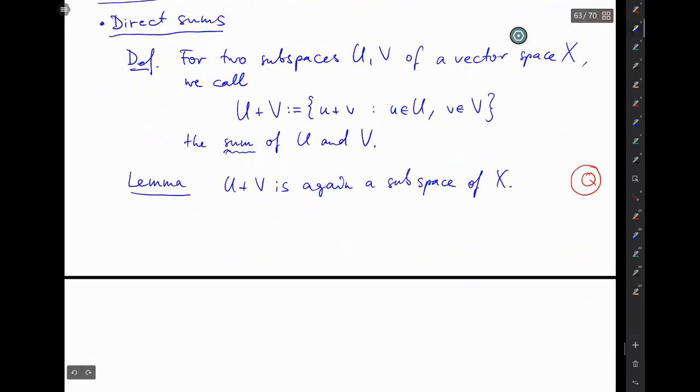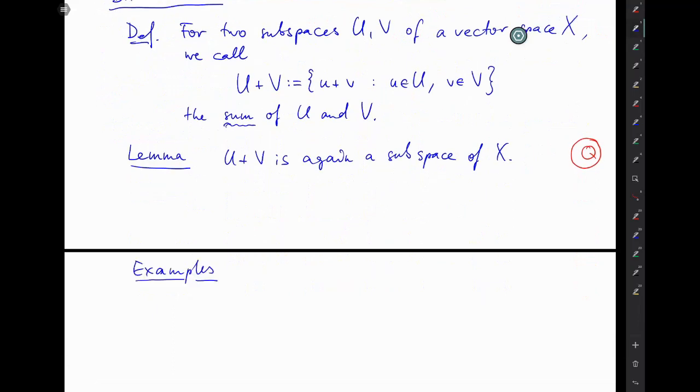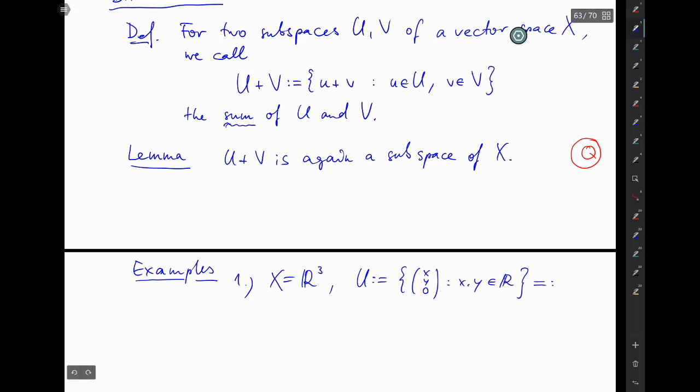Let's look at examples. As a first example, take the space X equal to R3 and put U equal to the set of all vectors that have the following form: x, y, 0, where x and y are running through the real numbers. Now this is obviously the XY plane, and let's agree on the following short notation for this.